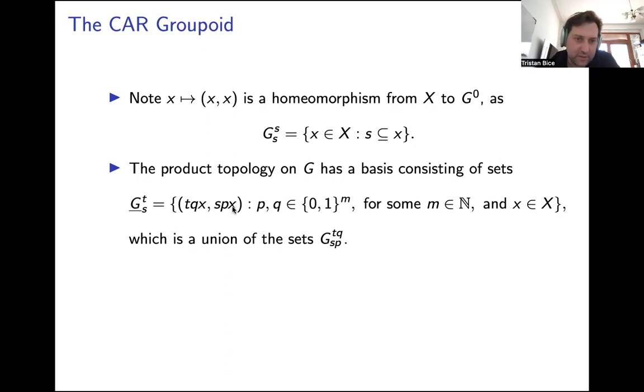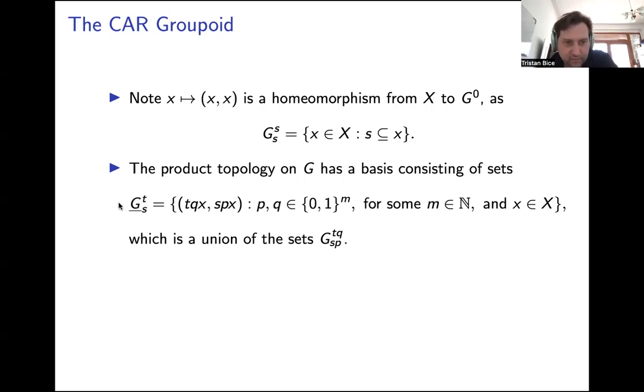The X's have to be the same beyond some point, because we want to deal with pairs that are actually lying within the equivalence relation. But even though they're the same beyond some point, that point can be quite a bit after T and S. There's no restriction on the size of these Q's and P's. And that is the kicker that tells you this is a really fundamentally different basis, if you like.